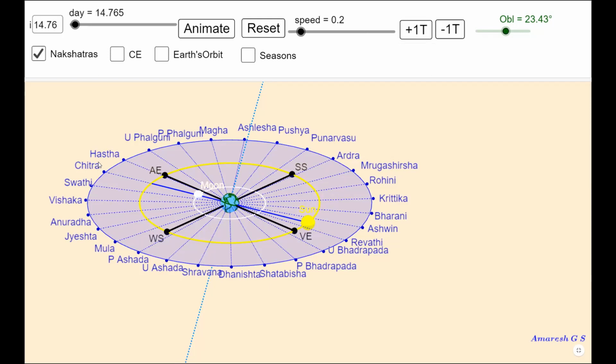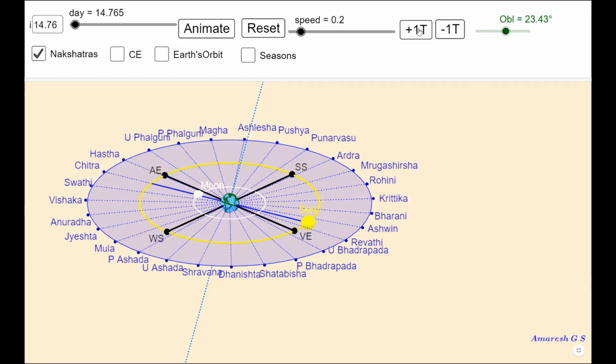Whatever is the nakshatra of the full moon is the name of the lunar month for that month. So in this case, it is the lunar month of Chaitra. That's what we are going through.